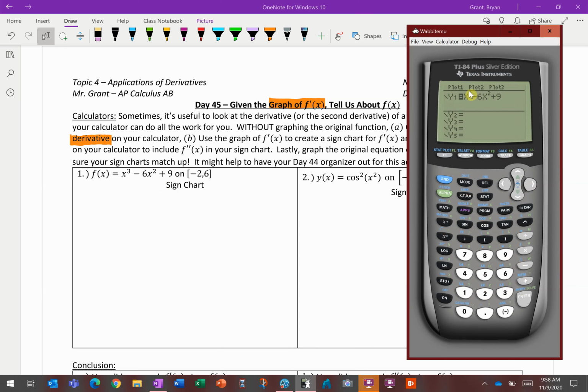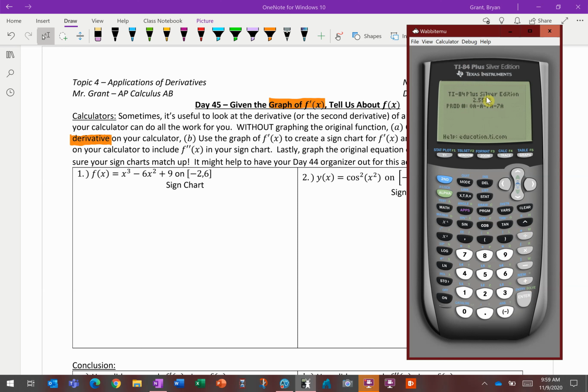If your calculator doesn't do the cube up here and instead actually writes the caret, then either you're using an 83, mine's an 84, and yours will never do that, or you're using an old version of the 84 that doesn't have your operating system, your OS, updated. Your operating system, second memory about, should say 2.55. That's the last operating system for the TI-84 Plus.